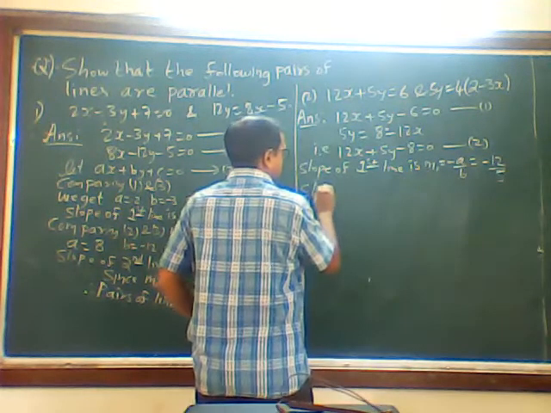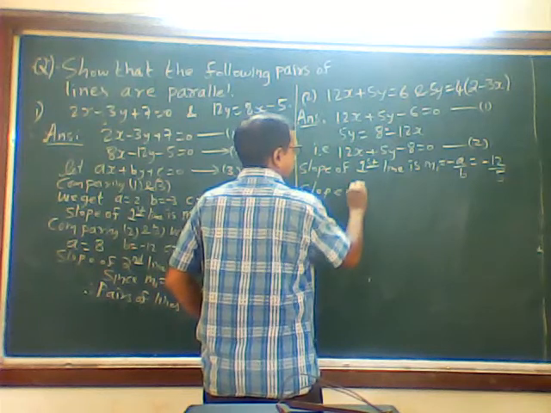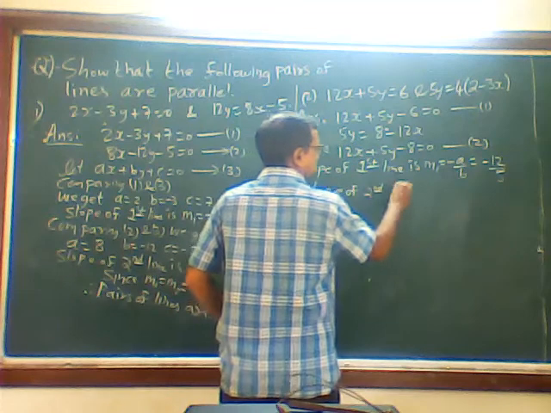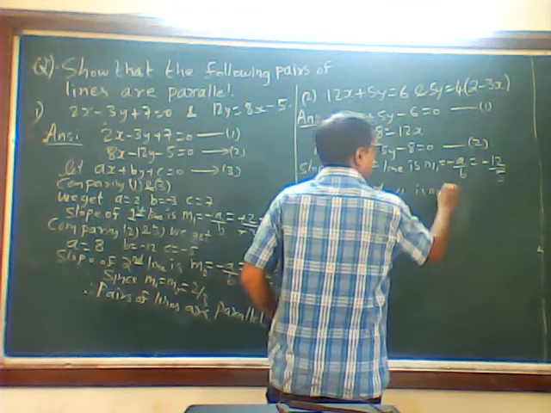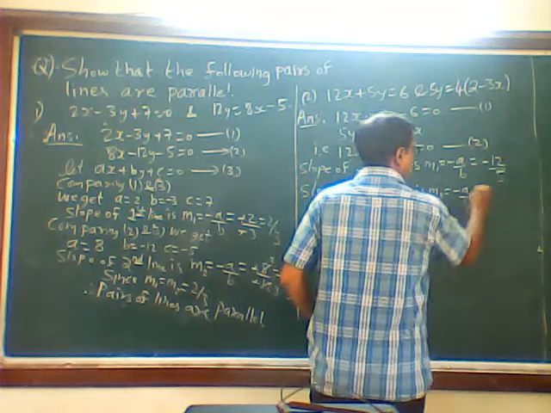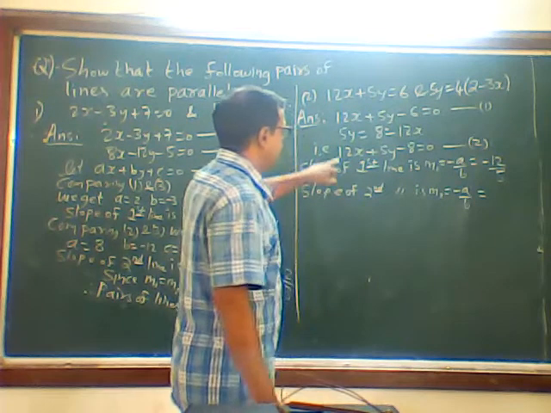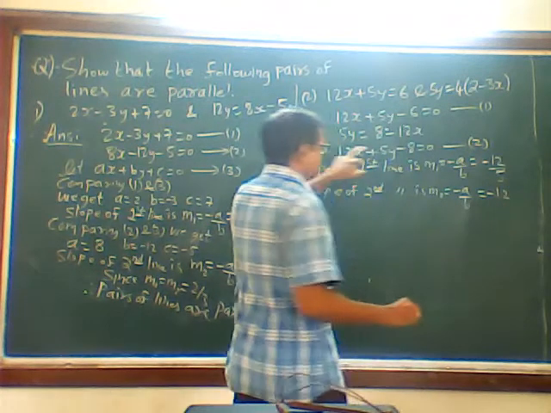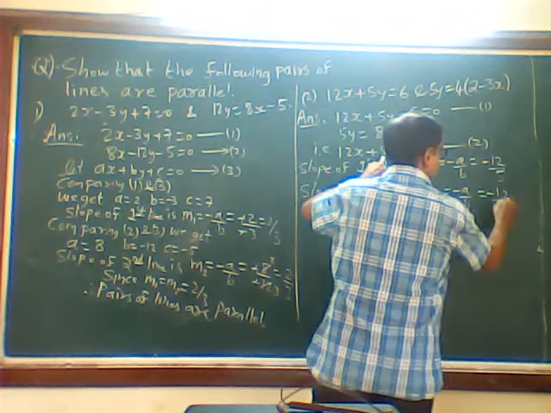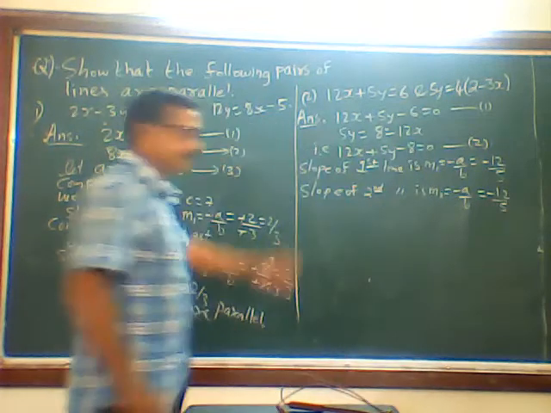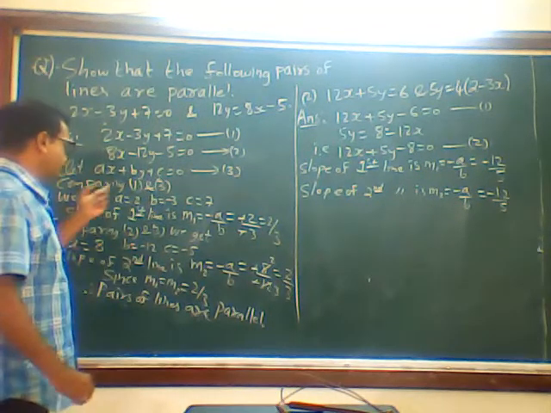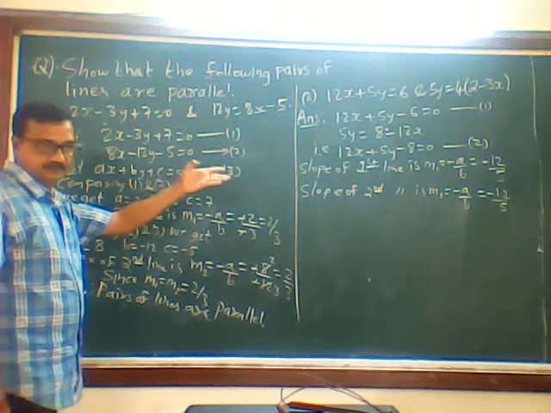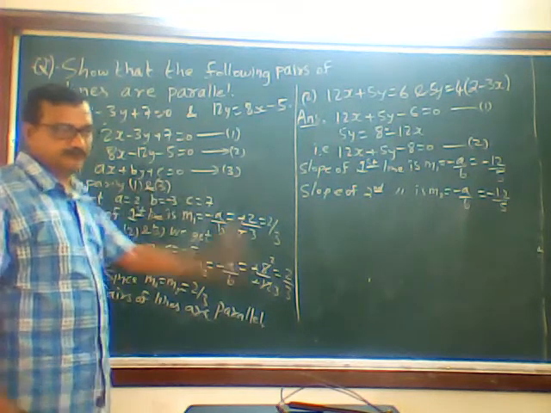Next, slope of the second line is m2 is equal to minus a upon b. What is m2 here? This minus sign, a is 12 here, b is 5. So they are equal, so I have done it directly. I have not written equation number 3 and this, because I have already shown you, you should be familiar.